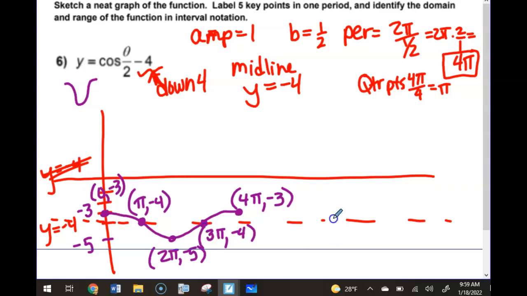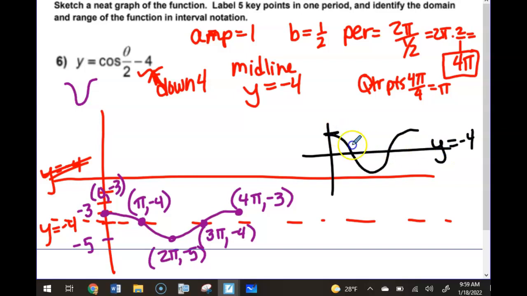My problem with renaming the midline, okay? This is what some teachers would have had you do. I can go through it real quick. You just say, okay, it's a cosine graph, so it goes up and does this. And you are naming this line -4. But that means you have to remember every time that this is -4 and this is -4, not 0, okay?